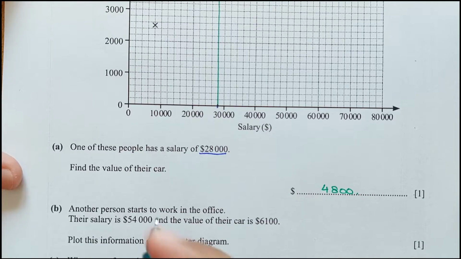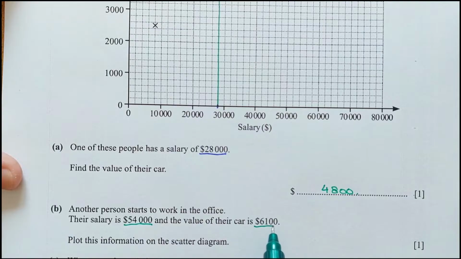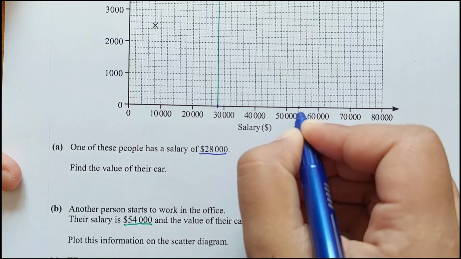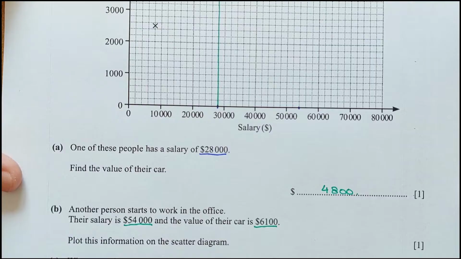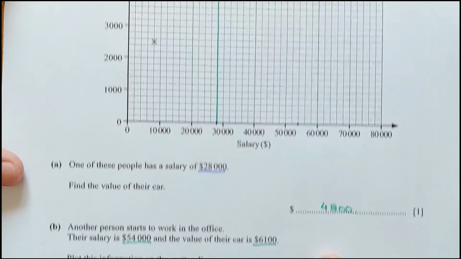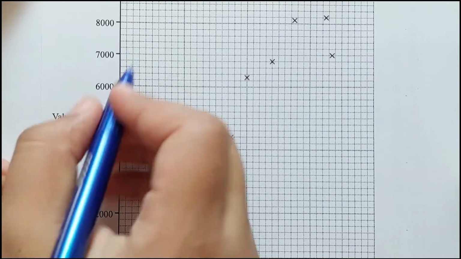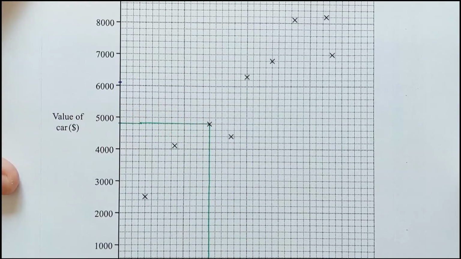Their salary is $54,000 and the value of their car is $6,100. Plot this information on the scatter diagram, right? The salary is 54. Here we have 54. And the car value is 6,100. So we have 6,100 in the middle, right?